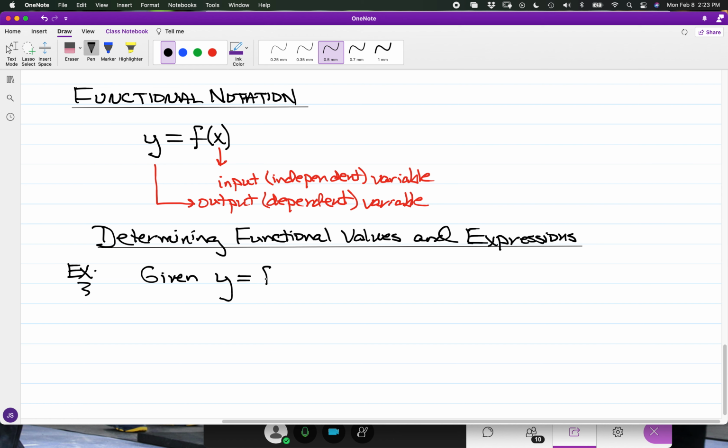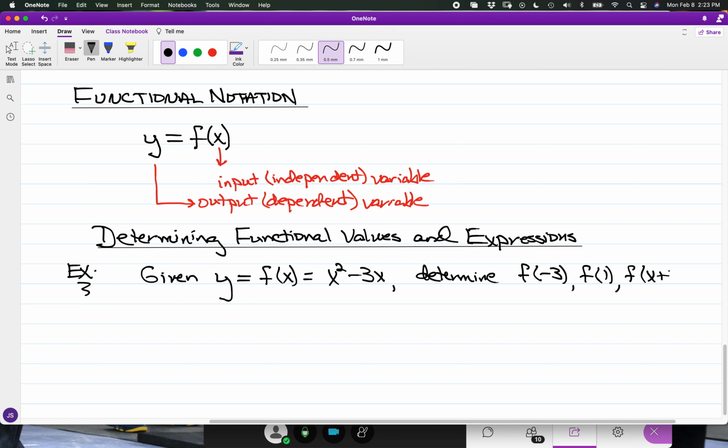Say y is equal to f of x, and we'll say f of x is equal to x squared minus 3x. You are to determine f of negative 3, as well as f of 1, and also the determination of f of x plus 2.